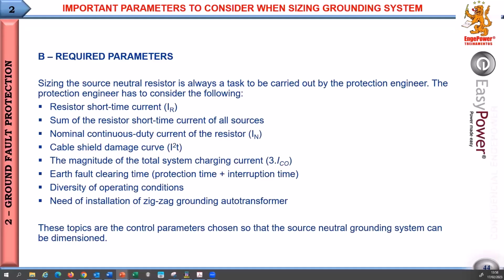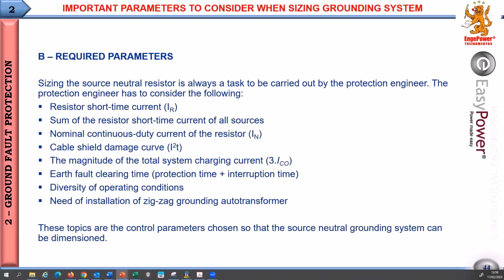Cable shield damage curve. The shield was not designed for short circuit flow. The main goal of the shield is to provide a radial and equal distribution of the electric fields inside the cable.